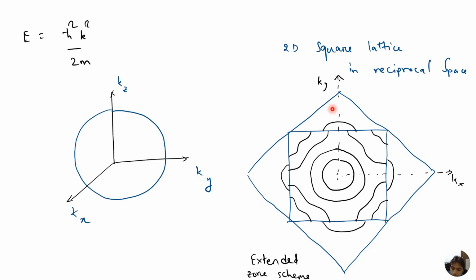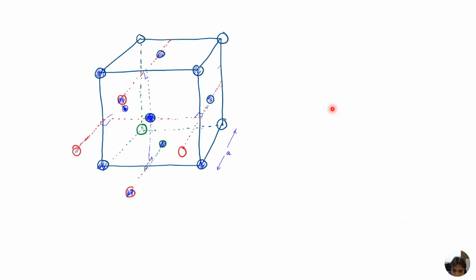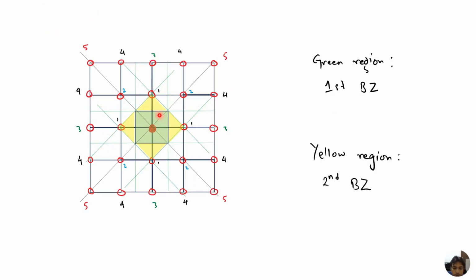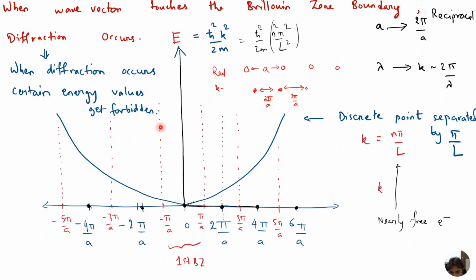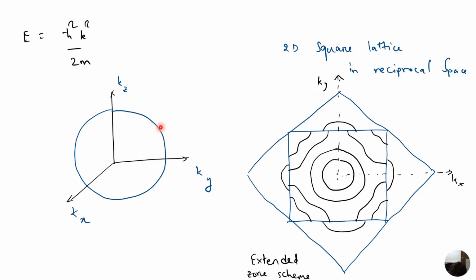Recall this diagram. The shaded green region is your first Brillouin zone, and these 4 triangles constitute your second Brillouin zone.